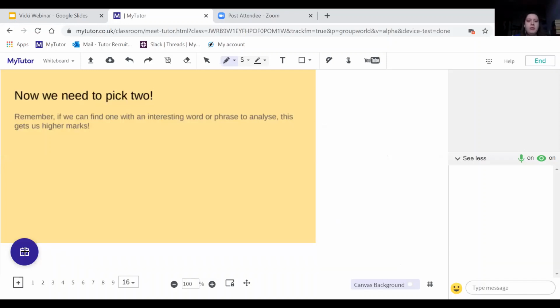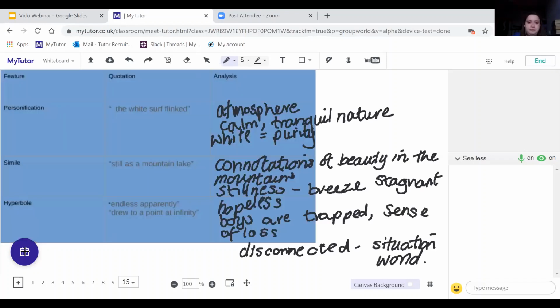So we need to pick the 2 that are the most interesting, that we can talk about the most, and perhaps pick out a word or phrase from the bigger quotation to analyse in further detail. So I'm going to generally eliminate the ones that I don't think are particularly interesting, or which don't have a lot of mileage in terms of actually writing about them.